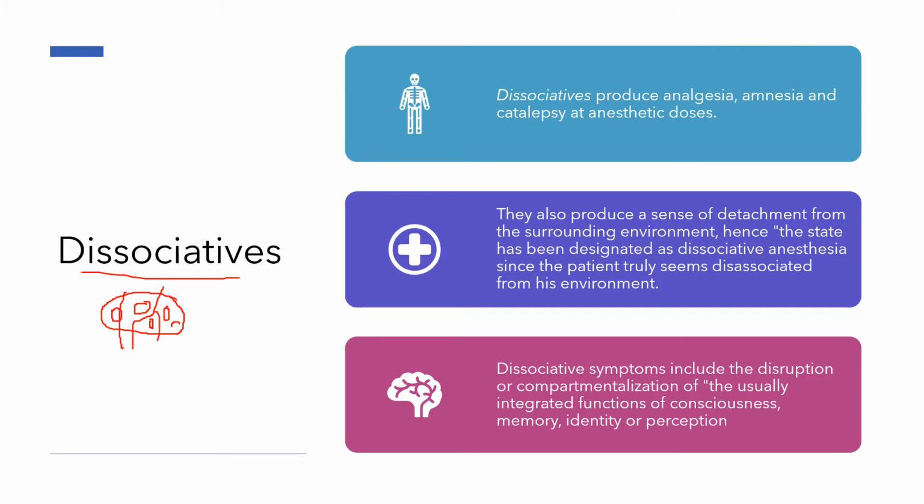So you might feel dissociatives produce analgesia. You may feel that you are not feeling the pain at all. Or you might feel that you have lost the memory. The memory part is completely different from your identity. You don't know your name, you don't know where you come from, and it is completely dissociated from the memory.